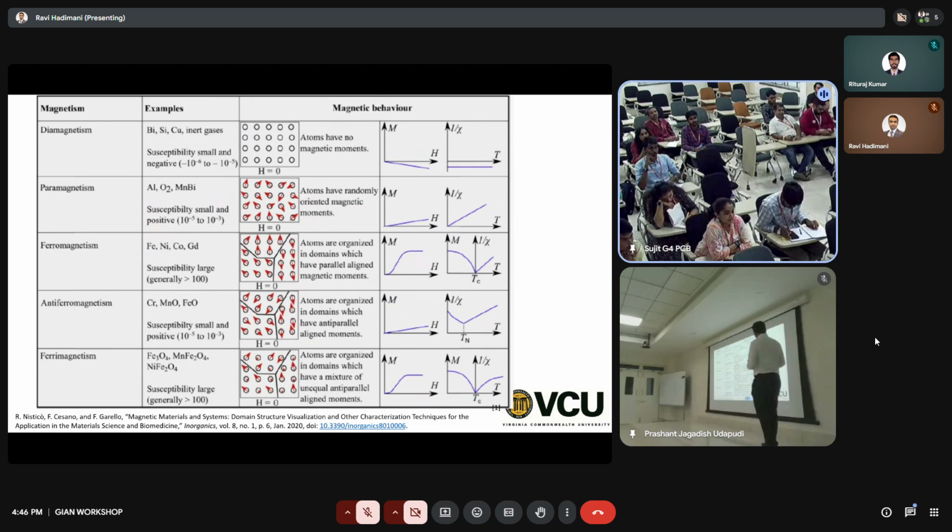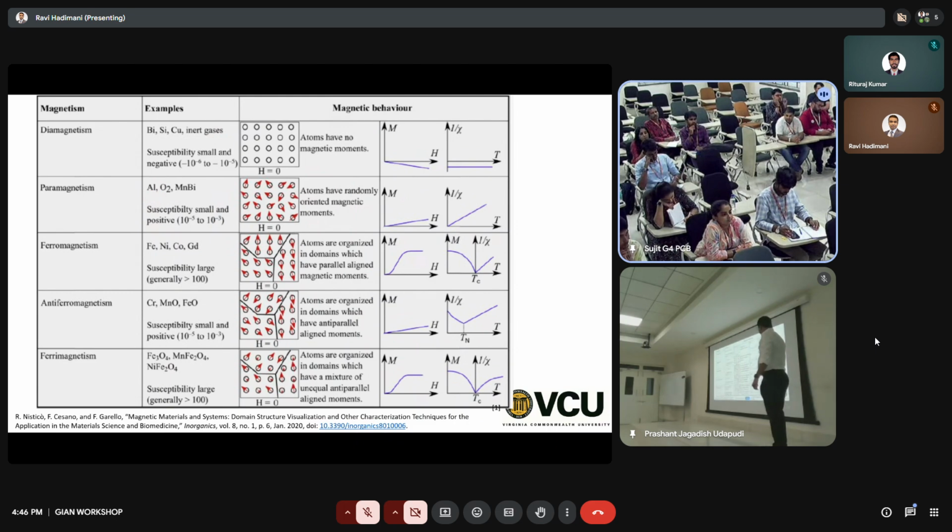Right, so if you look at different types of materials, for diamagnetism, these are the examples. Here it's not B, this shows M. You see negative magnetization for diamagnetic materials. And for paramagnet, you have small magnetization.